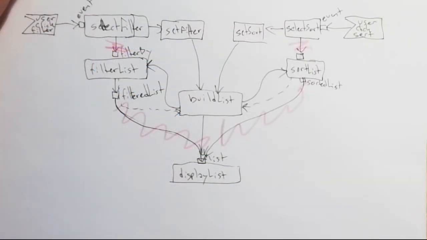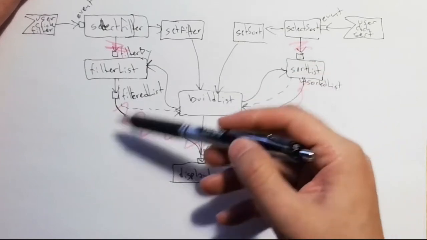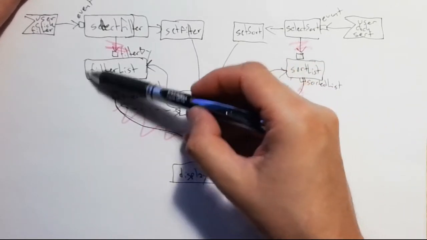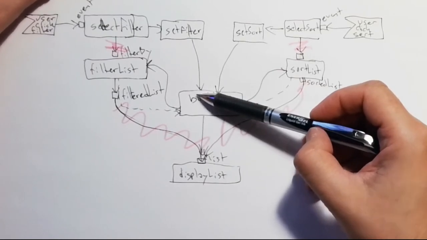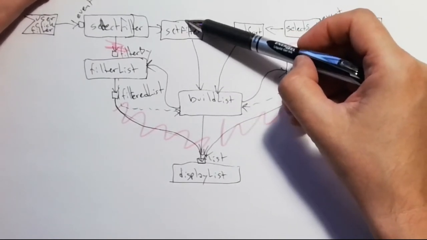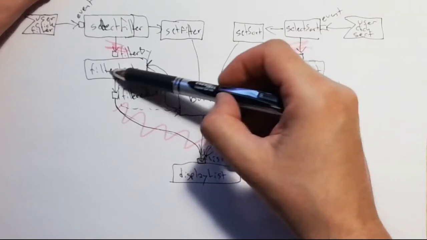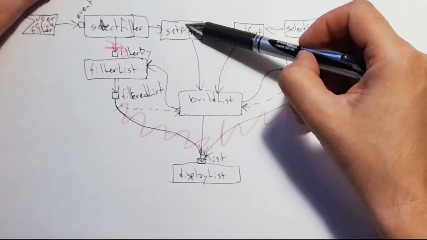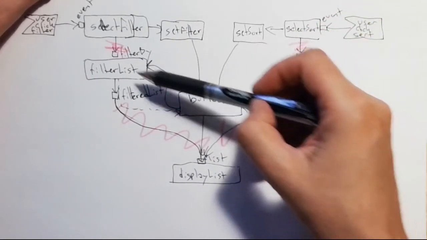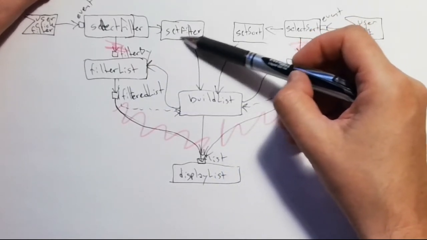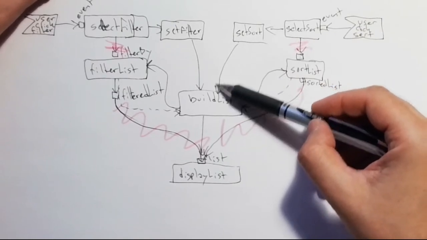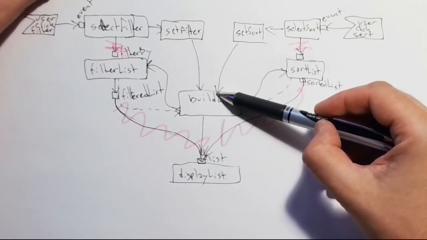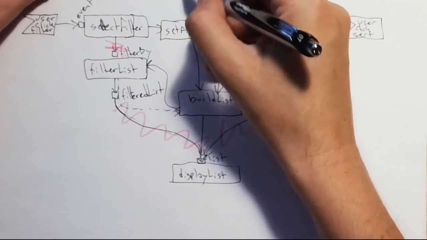If we look here, the filter list function is called from build list, and set filter knows the filter, but we have to transfer the parameter from here to here to here, and we only have it there. We don't have it over here. So when we call set sort, we don't have the filter by parameter. So we need to make it global.